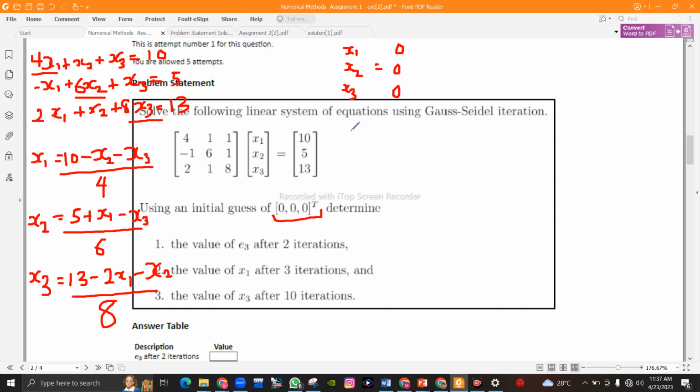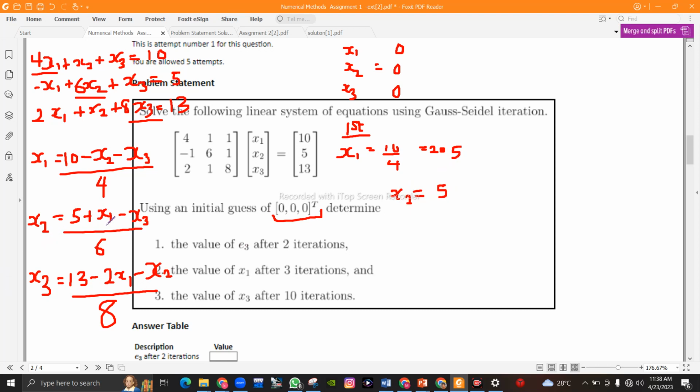Now let's talk about our first iteration. What will be our x1? Our x1 will be equal to 10 minus 0, divided by 4. So that's 2.5. What will be our x2? Our x2 is now 5 plus x1.